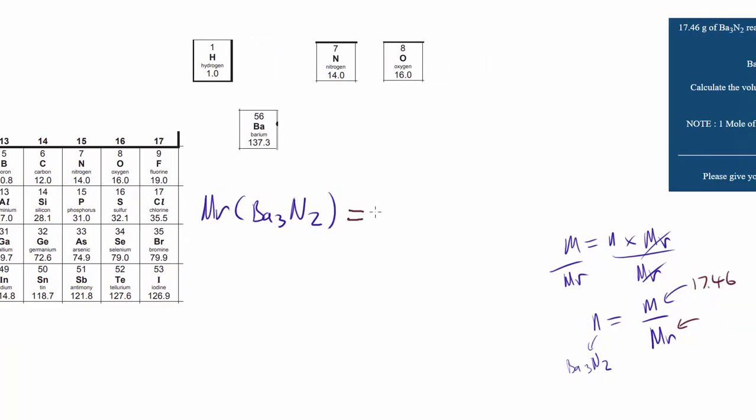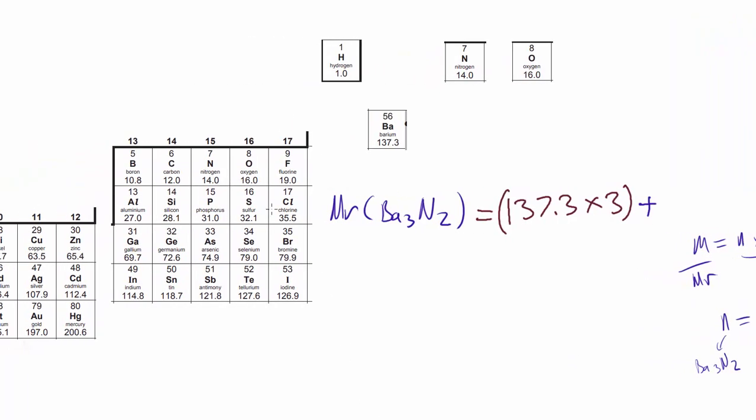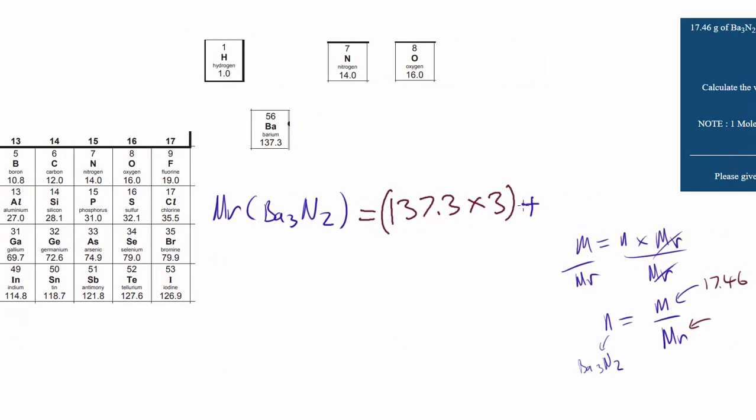So that's going to equal 137.3. Because we've got 3 here, we actually have to multiply this by 3. Okay. And then in the case of the nitrogen, that's in effect going to be times 2, right? So if we look for the relative atomic mass of nitrogen, as you can see, we've got 14 here. So it's going to be effectively 14 multiplied by 2, right?